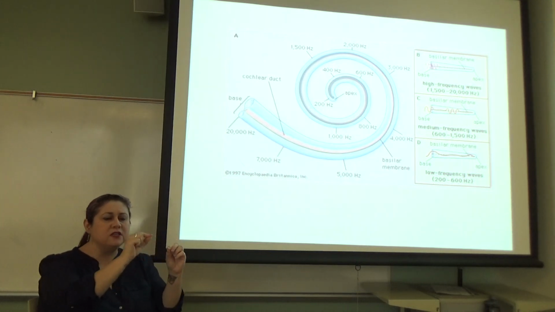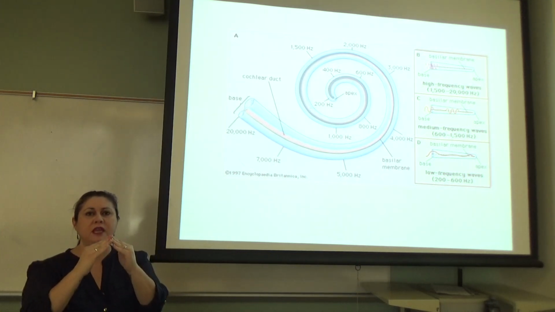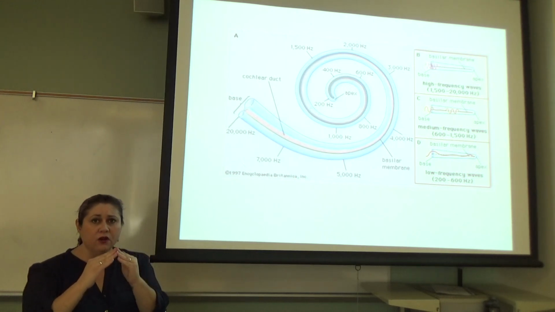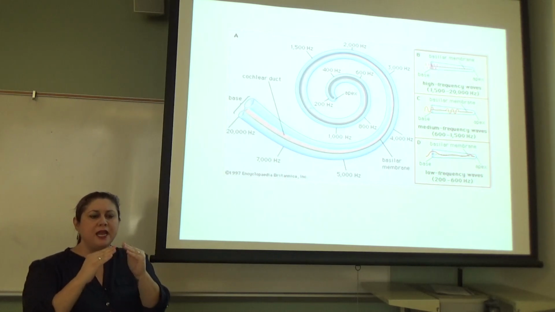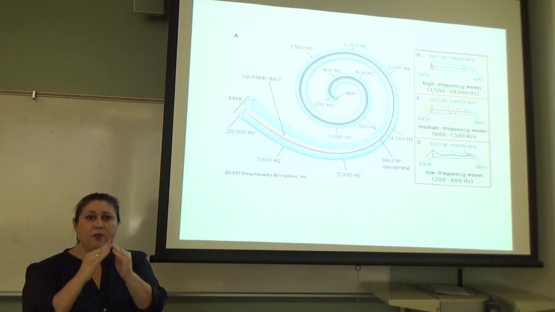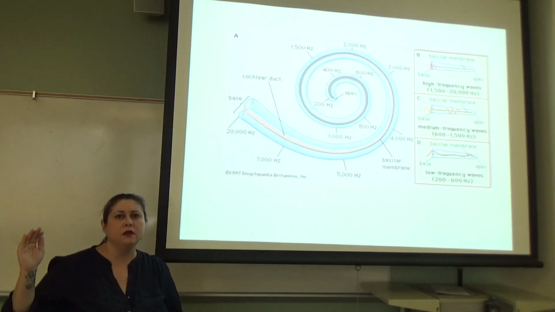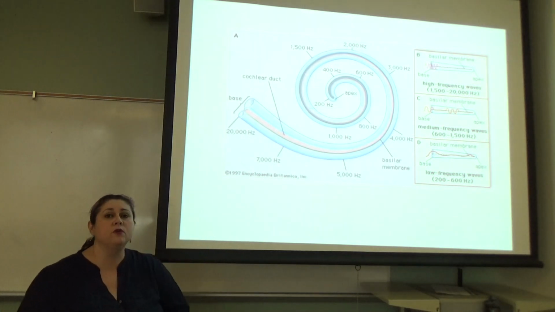The frequency is too low to create a peak. And so you cannot hear low frequencies using the same system as you use for high frequencies. It doesn't make a peak in the basilar membrane. So your body developed a different way of transducing low frequencies, which is what you do at the apex of your cochlea.